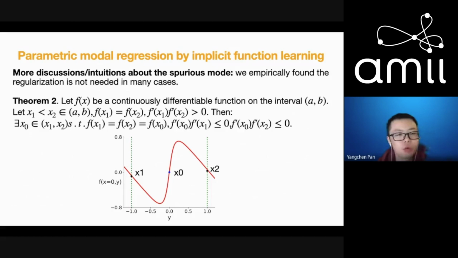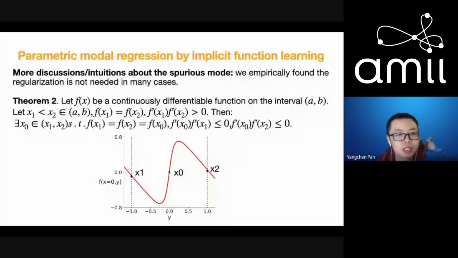We show Theorem 2 here to give some intuitive reason for why it is unlikely to see a spurious mode, even without the regularization. Theorem 2 states that, let f(x) be a continuously differentiable function, and let x1 and x2 be two points with the same function value and the same slope sign.